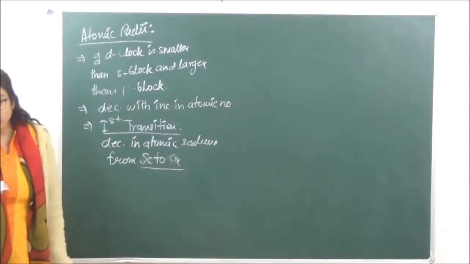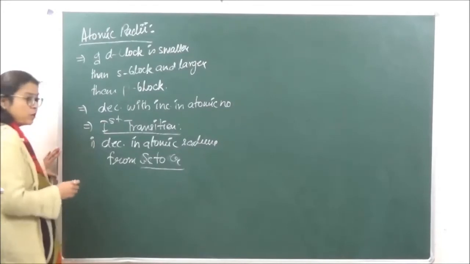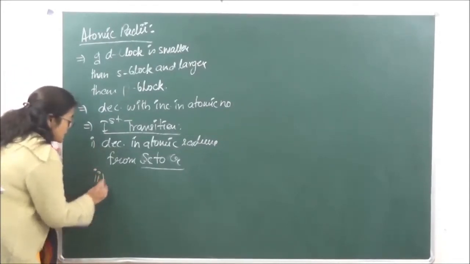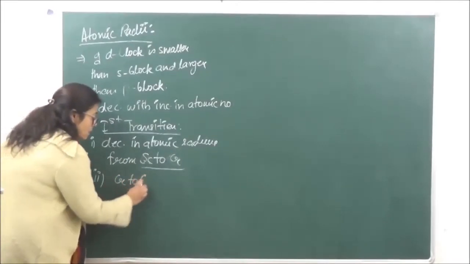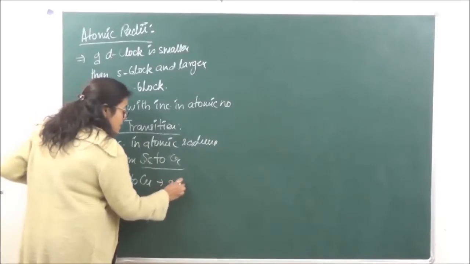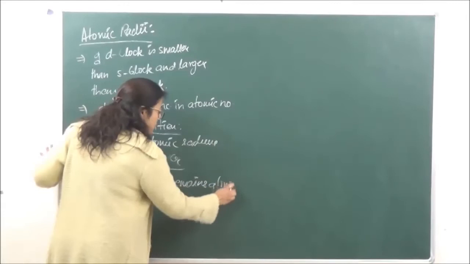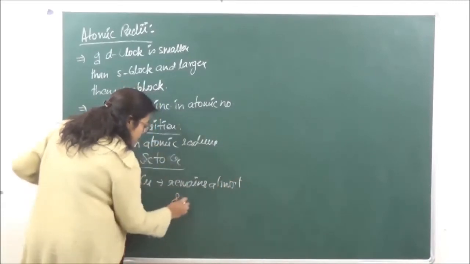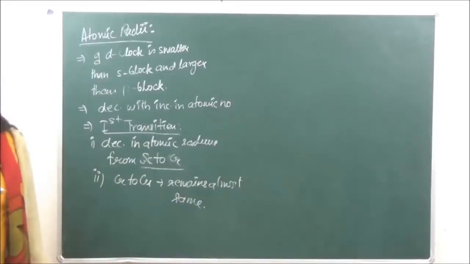But when we are going from chromium to copper, so this is the first point over here in the first transition series. Second point you can write, when we are traveling from chromium to copper, the atomic radii remains almost same.